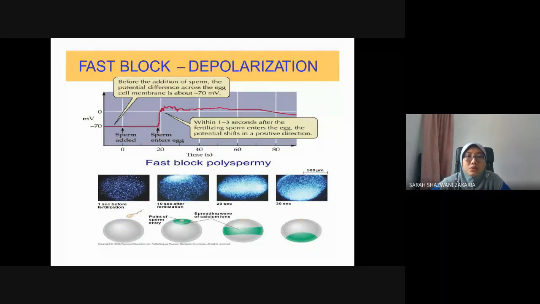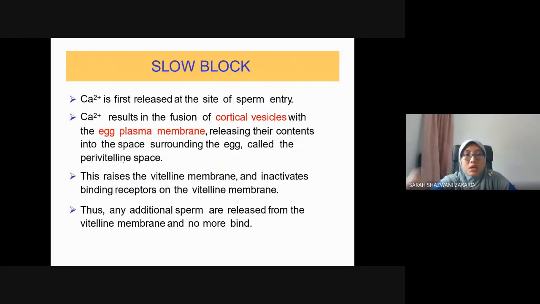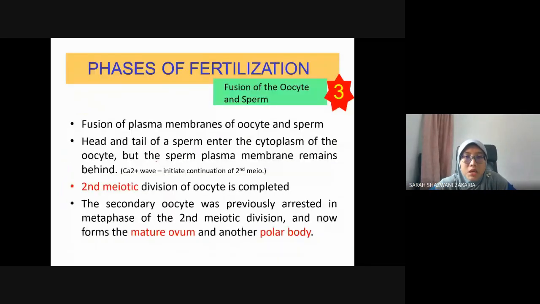You can see the sperm enter, and suddenly there is depolarization, so it will prevent other sperm. In this diagram, we can see a constant membrane potential of negative 70 millivolts. Suddenly at the point of entry of the sperm, it initiates depolarization. Every electrical current is very fast, so it distributes the membrane depolarization to the whole structure of the ovum. So again, slow block. I don't want to repeat. I think that's all for today.